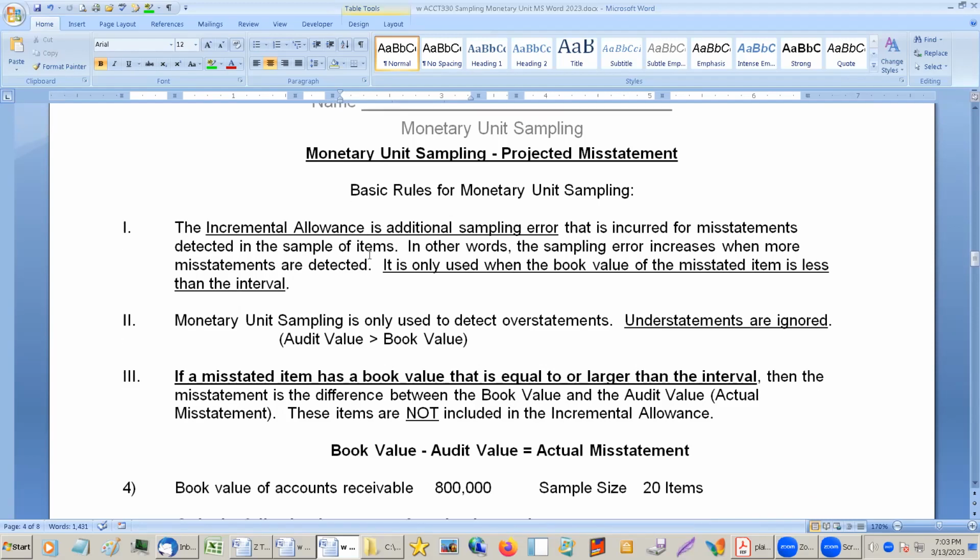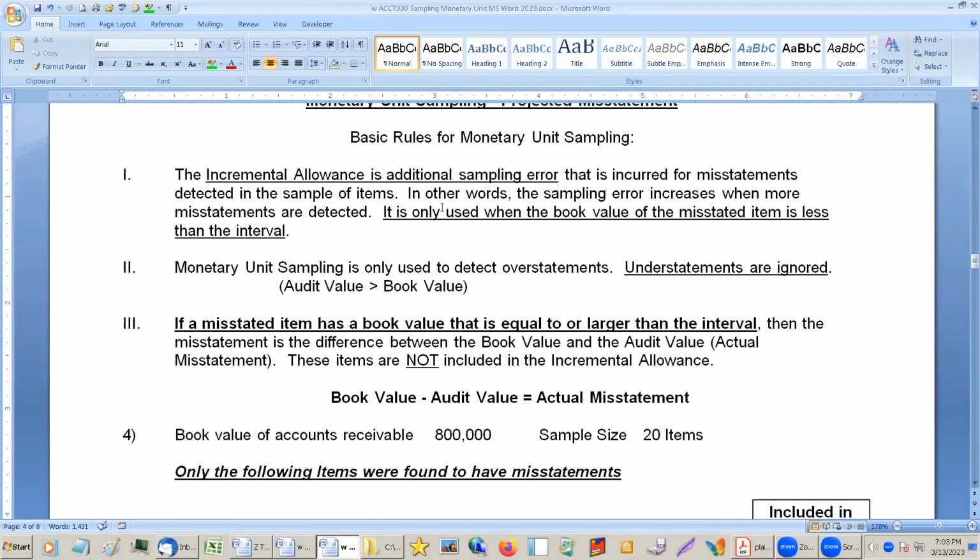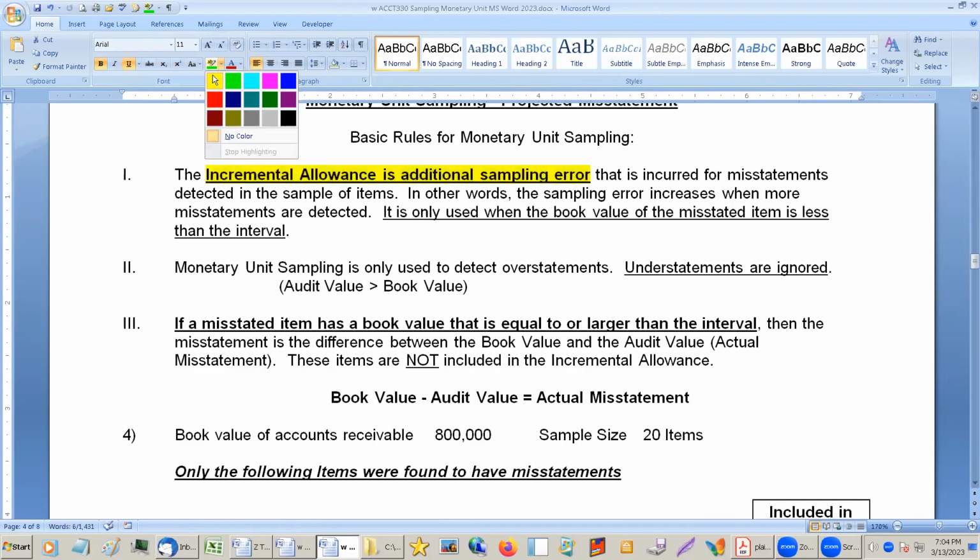Okay. So rules for monetary unit sampling. The incremental allowance is additional sampling error. And I'll talk about this a little more later.